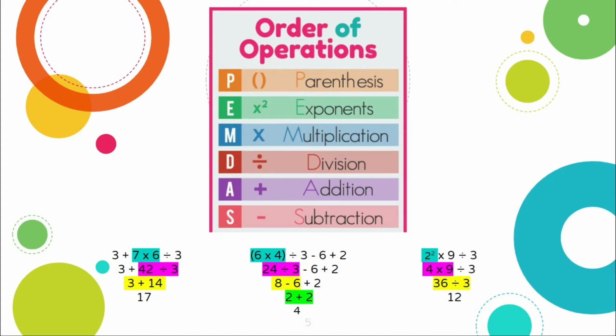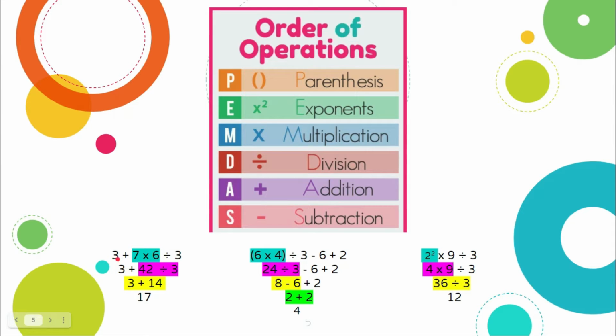Multiplication and division are going to be solved after exponents, and remember that these have to be solved from left to right. So whichever we find first, from left to right. Then we have addition and subtraction, and just like multiplication and division, we solve whichever is first from left to right. Below the chart, we have a couple of examples.